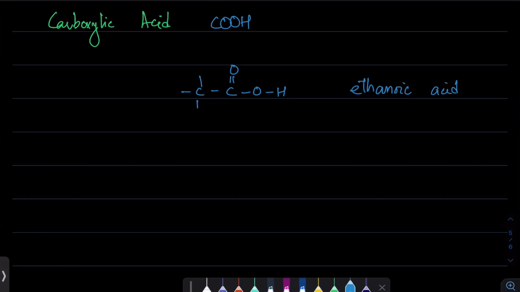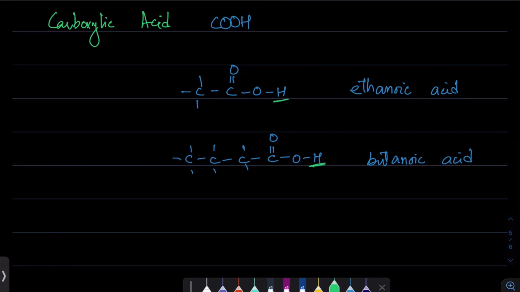Let's say I have 4 carbons. 1, 2, 3, 4. Fourth पे मैं ये बना देता हूँ, and the rest of them I'll just fill it up. And this one is butanoic acid. These are acids, which means they give H positive. और वो कौन सा H positive होगा? वो हमेशा O के साथ वाला होगा.